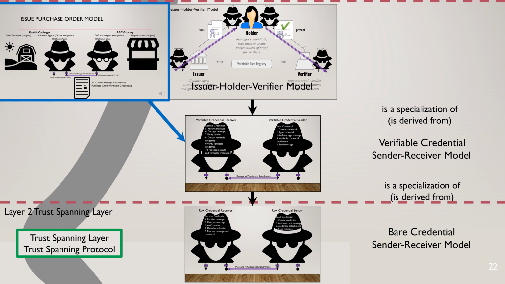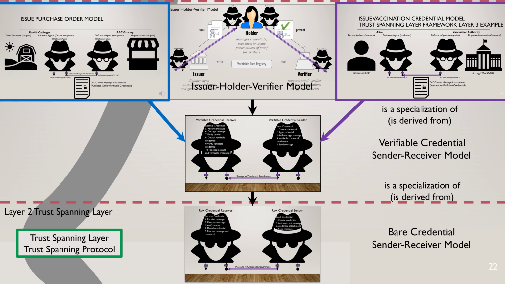So the issue purchase order model is just yet another specialization or derivation of the verifiable credential sender-receiver model. On the right-hand side, the issue vaccination credential is also just a specialization or a derivation of the verifiable credential sender-receiver model. In the center of the diagram, and as we've discussed before, the verifiable credential sender-receiver model is just a specialization or a derivation of the bare credential sender-receiver model at the bottom.